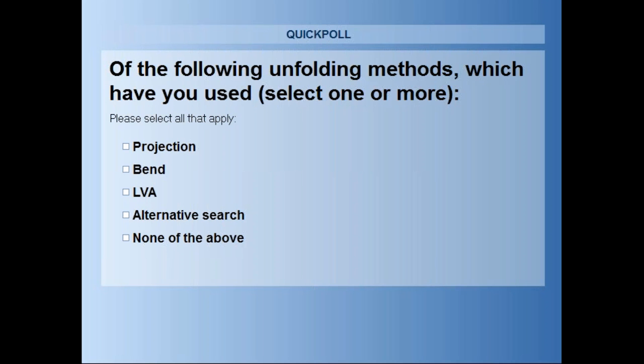There are many different techniques for unfolding, such as the easy-to-use and understand alternative search ellipsoids, through projection and bend unfolding, which modify coordinates on the fly based on your geologic interpretation, to the much more complicated but extremely powerful locally varying anisotropy. As to why you would want to perform unfolding, well, it can improve your models.